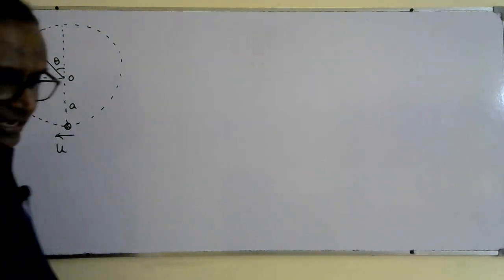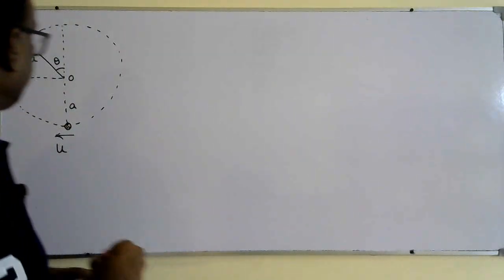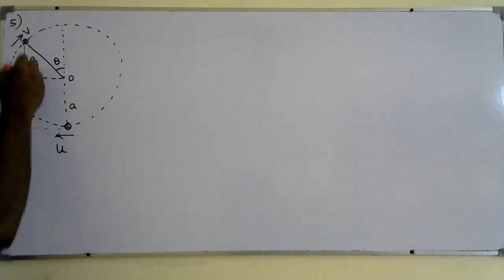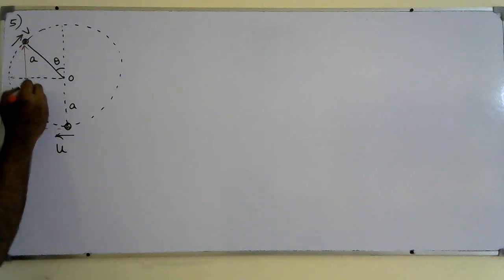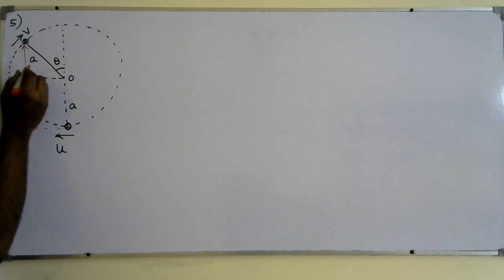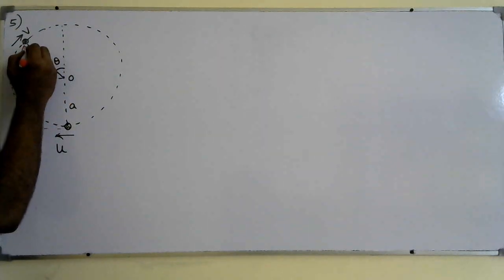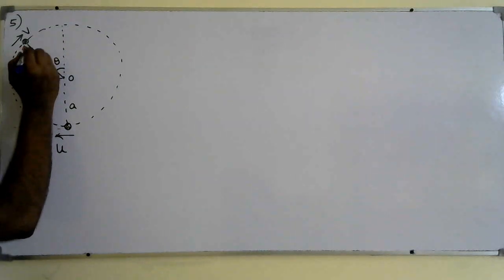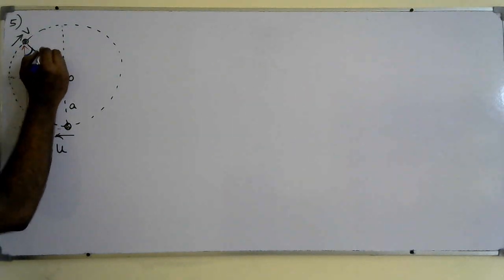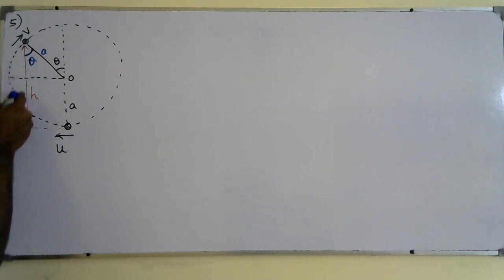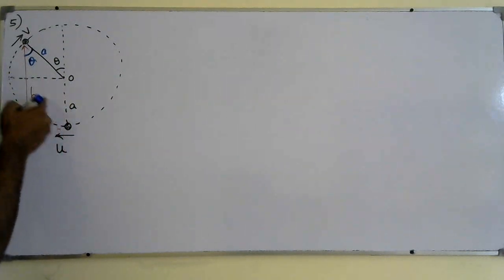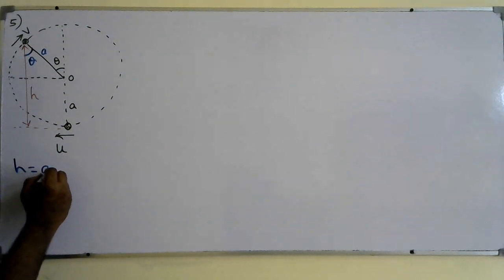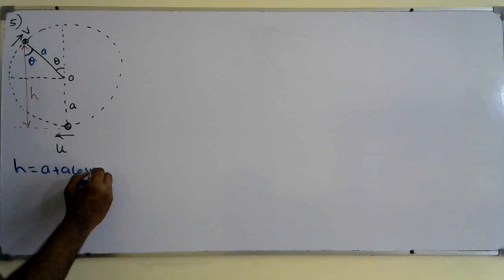Okay, so we can use the height h, which we have to find. If I say this is the height h, that is equal to a plus a cos theta. This is theta, so this is also theta. This is a cos theta, and this is a, the same length as the radius. So h, the height it moved up, is equal to a plus a cos theta.